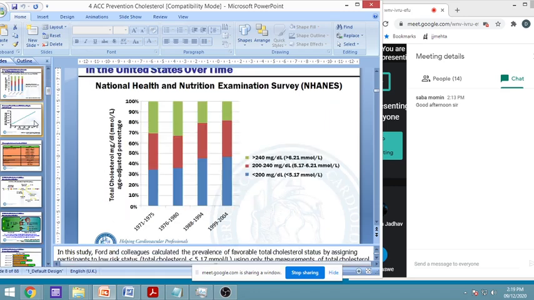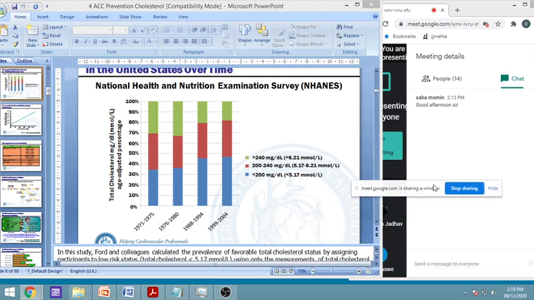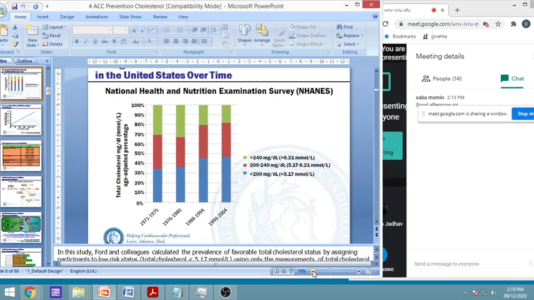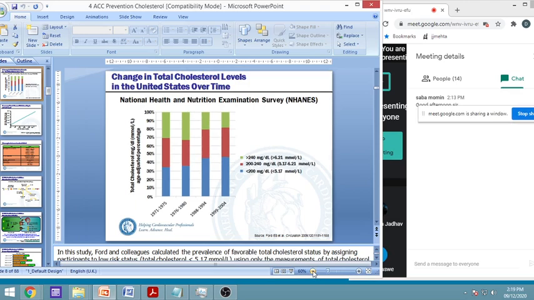Then nutrition is very important. Nutrition surveys show that total cholesterol is there with age adjustment, because with age there are chances of increase in that. So this will be changing.